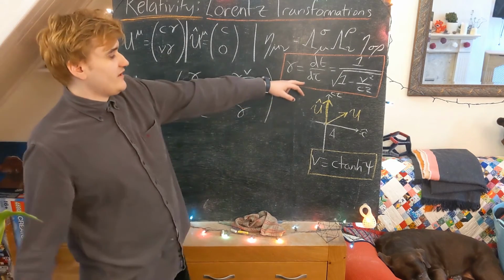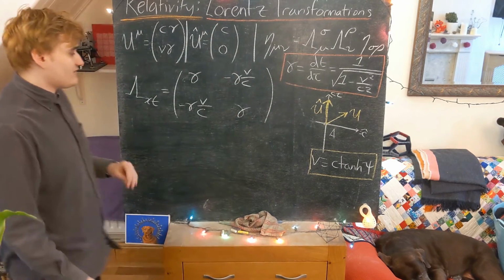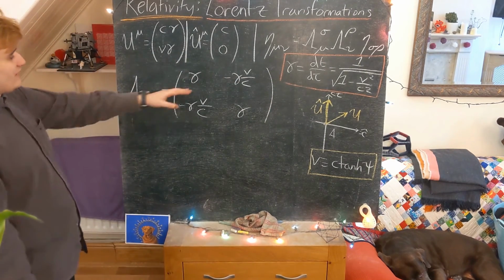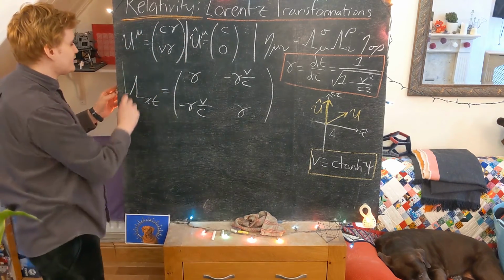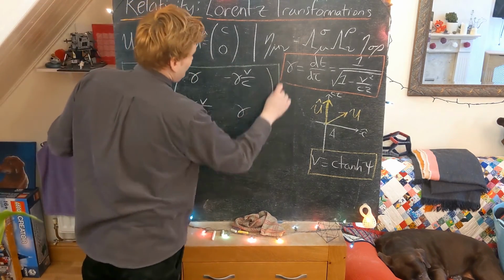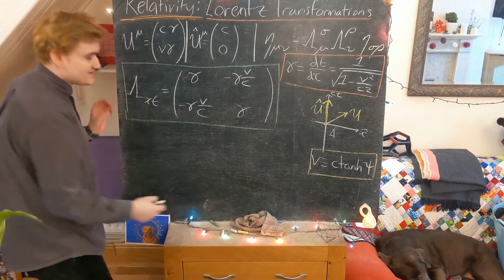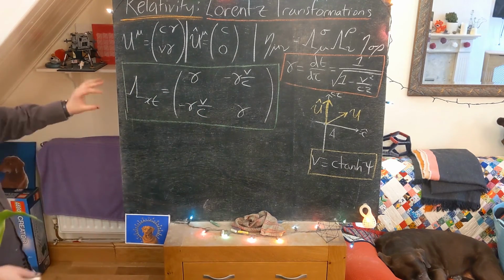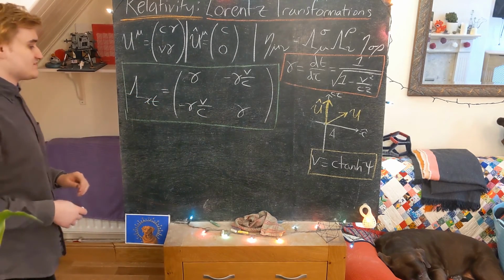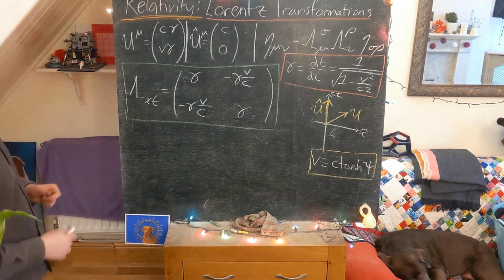Well, first of all, we understand it in terms of the Lorentz factor definition, and now we are starting to see how it's related to these boosts. So this is going to be very useful now going forward. We're going to start talking about how different quantities are going to appear in stationary and boosted frames, and this form of the Lorentz transformation is going to be very useful as it's quite nice and easy to work with.